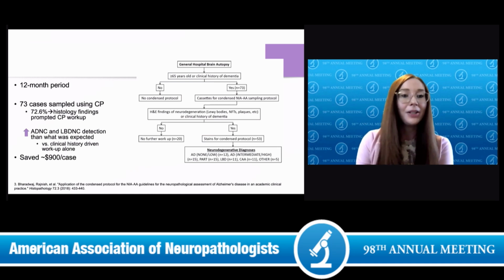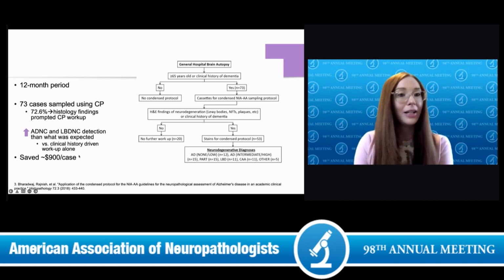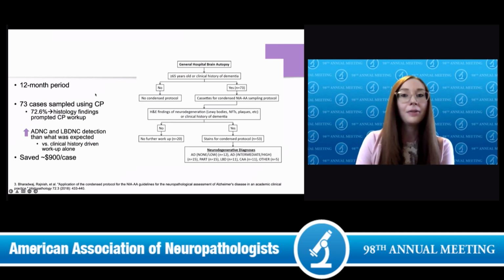So in 2018, I was actually a co-author on this project with my co-trainee Raj at the time at the University of Washington. Over a 12-month period, we performed the sampling protocol for the condensed protocol on all individuals 65 and over, or those who had a clinical history of dementia.